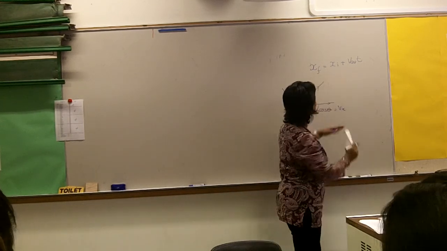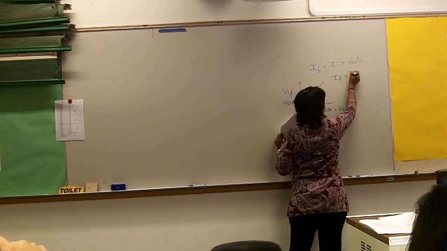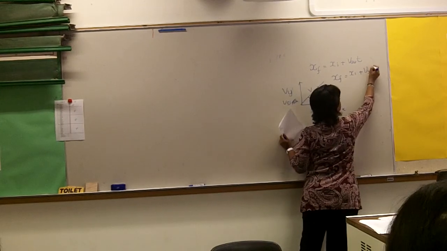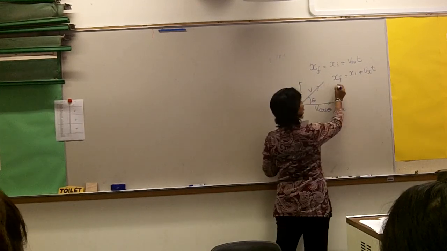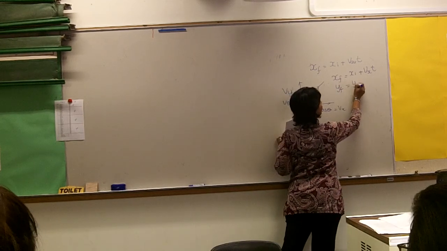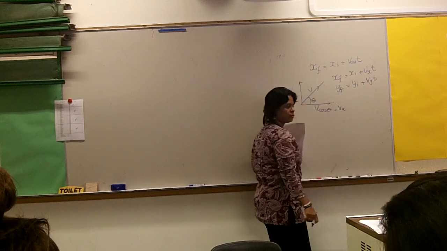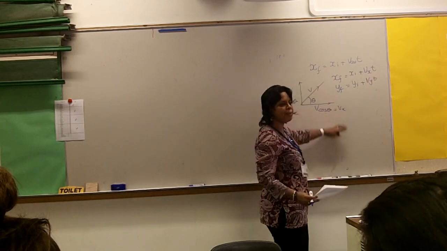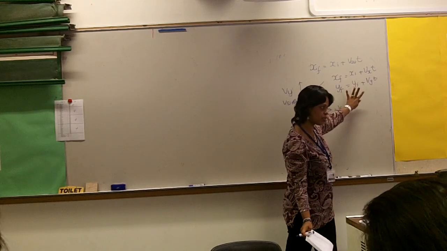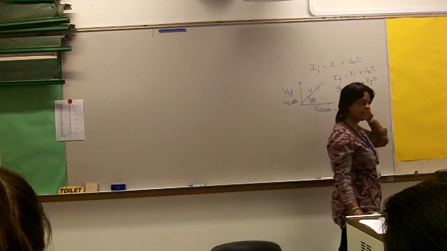For the x direction, we say xf, xi, Vx t. For the y direction, y final, y initial, Vy t. Is that clear? So for every basic equation, we now consider the direction, so we take the component. Up to here you guys are clear? That's what we discussed yesterday.